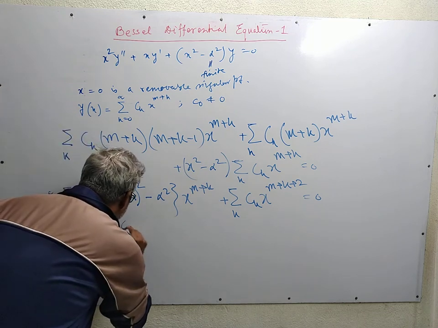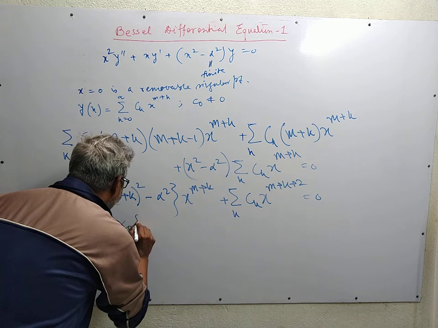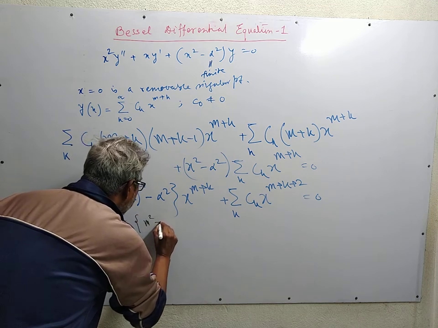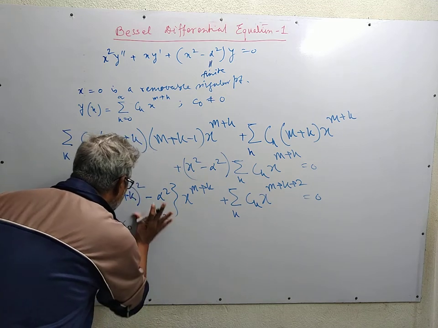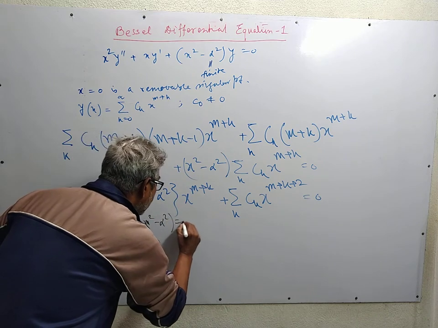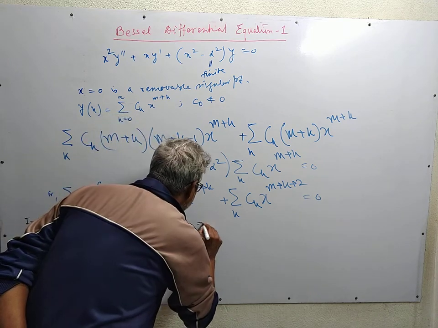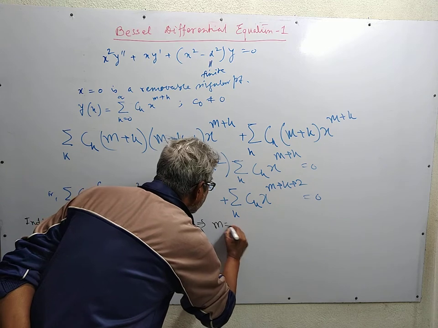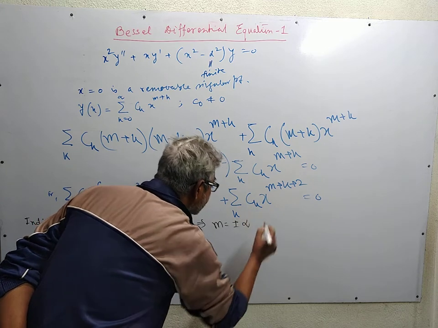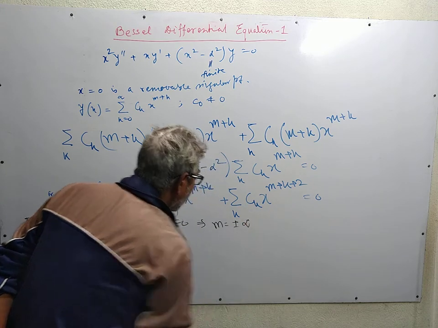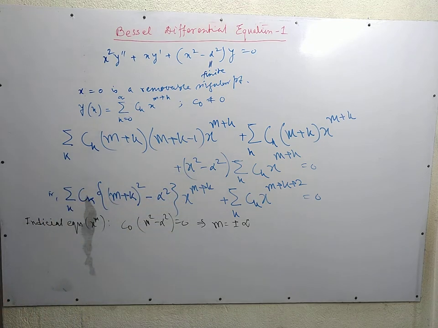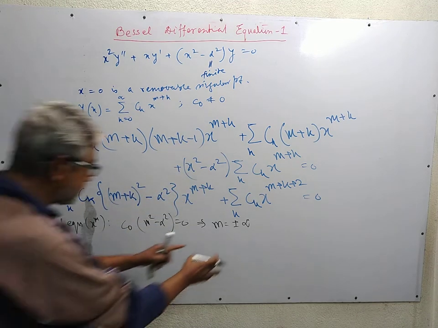So in which case we get c0 (m squared minus alpha squared) is equal to 0. Since c0 is not 0, m has two values, plus minus alpha. We will discuss this again.